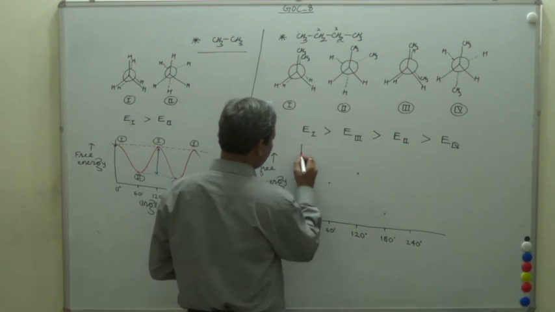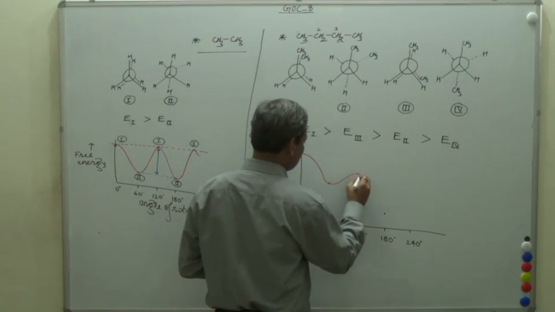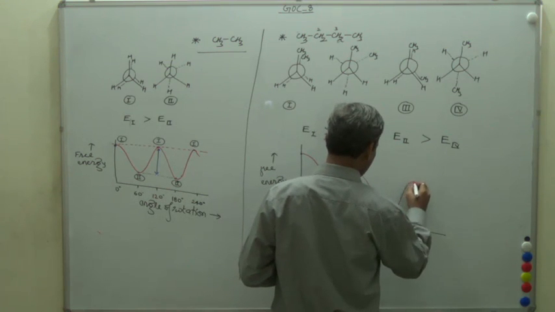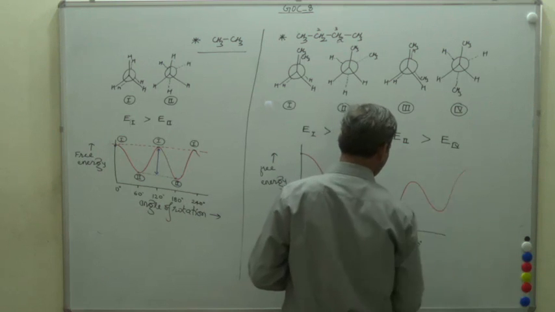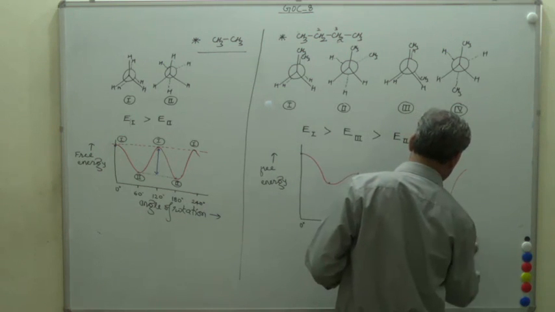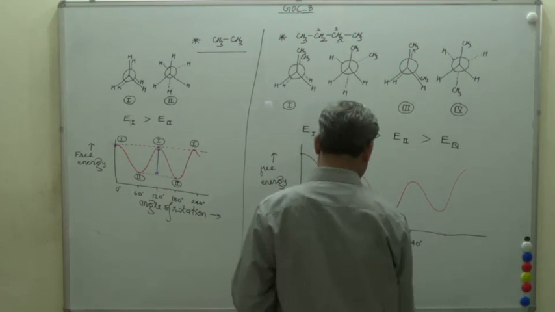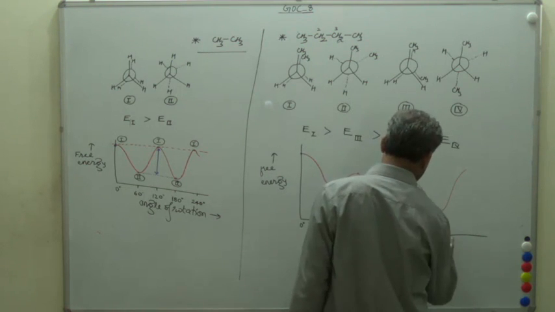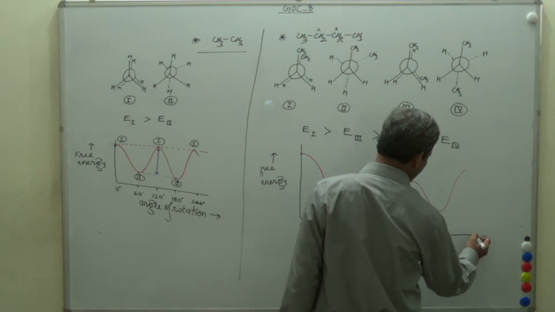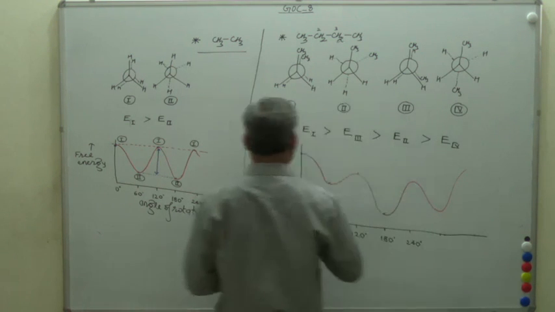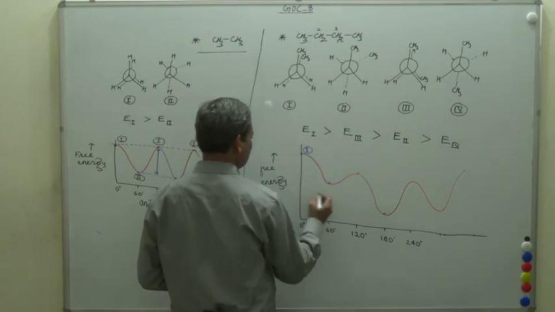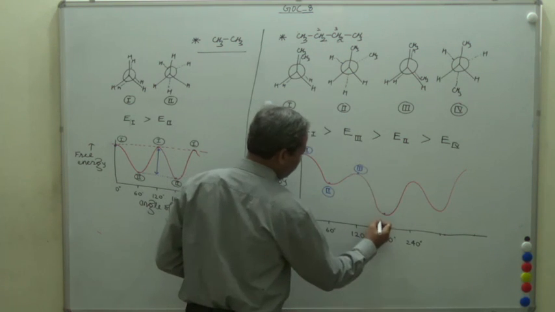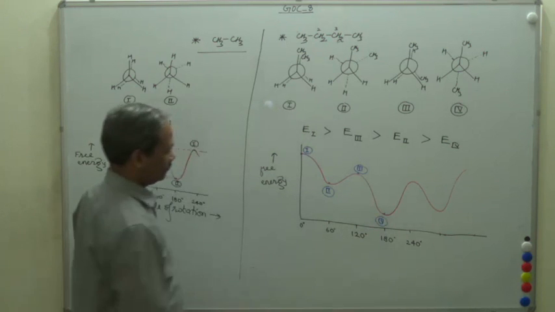So the curve moves in this way. This is the first form, this is the second form, this is the third form, this is the fourth form.